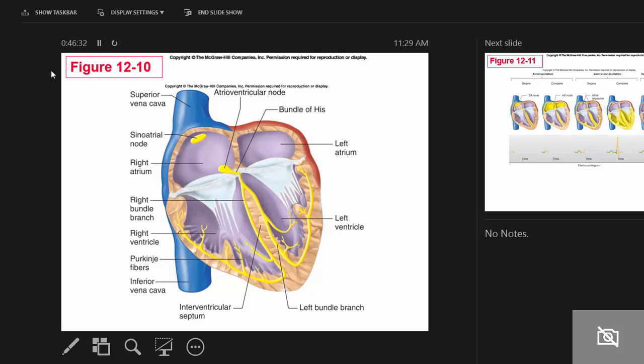If you know someone who has heart problems, someone who's older, who has an artificial pacemaker, what they have is something that replaces this area here. Remember, these are non-contractile autorhythmic cells. When somebody has an artificial pacemaker put in, the surgeon has to go in there and ablate. They basically obliterate this thing.